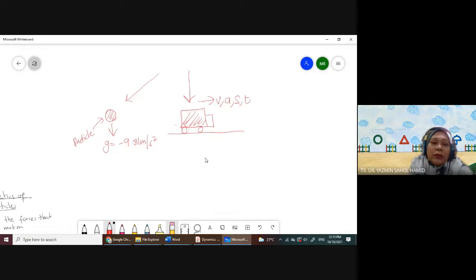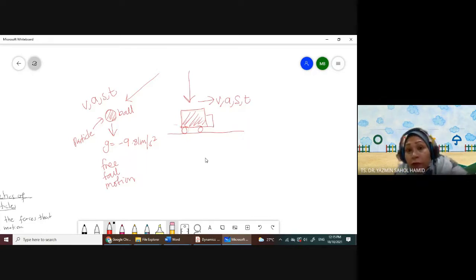Same as this ball, which also has a velocity, acceleration, position, and time. But this one is a free fall, and in this example, the car is moving on top of a road.